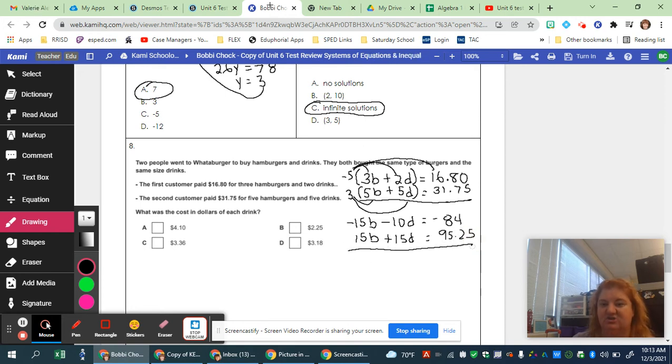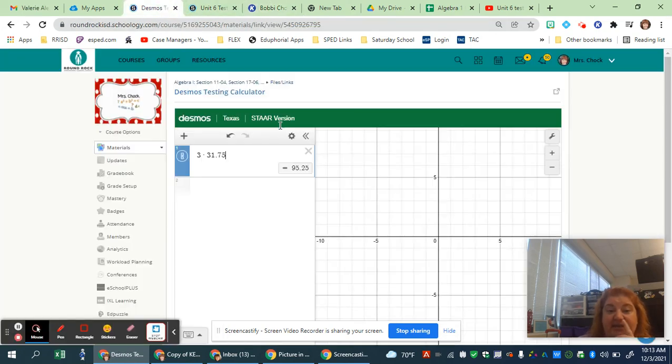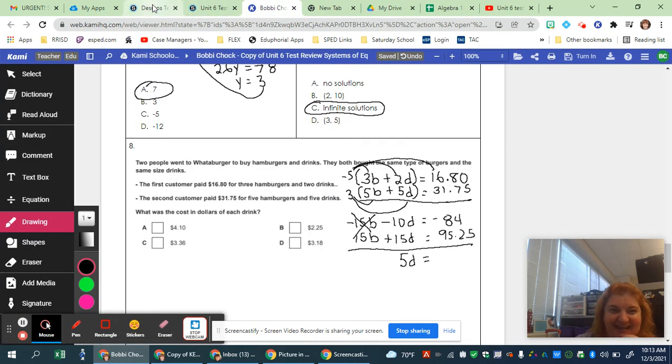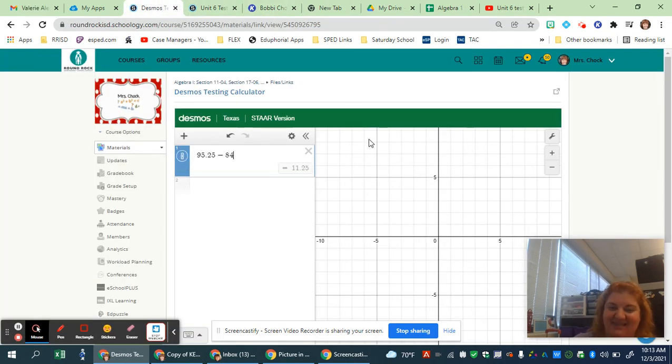Okay. So we eliminate that. We get a 5d equals 95.25 minus 84. 95.25 minus, what was it? 84? My brain, 84.